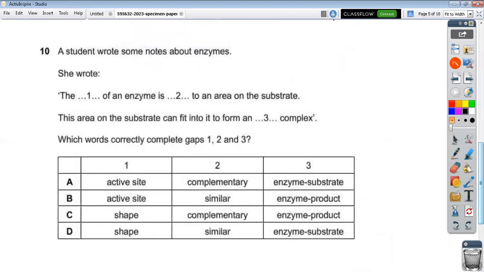A student wrote down some notes about enzymes. Which words correctly complete 1, 2, and 3? So figure out what will be the correct wording.